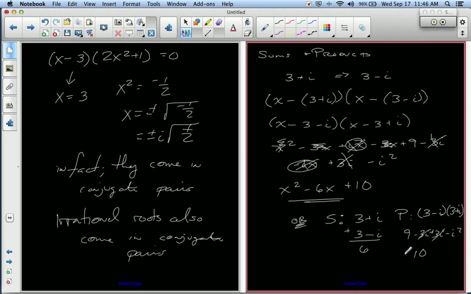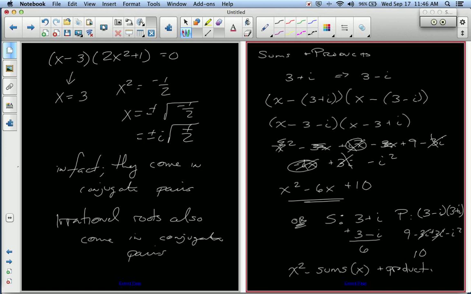I get 10. Notice we have here 10 and 6. x squared minus the sum of x plus the product. Okay, so your linear term comes from the sum of your roots. Your constant term comes from the product of your roots.